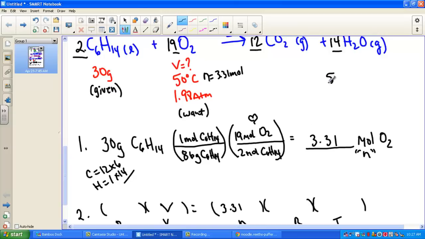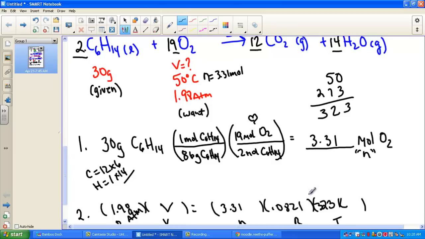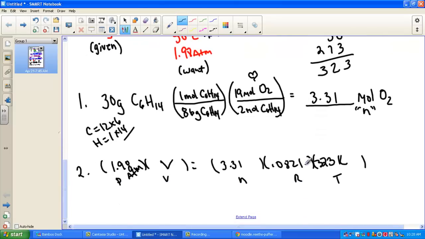Volume is target, 50 degrees Celsius, 323 Kelvin units, 323 Kelvin. Pressure, 1.98 atmospheres, so therefore I also know the R, 0.0821. August 21st is a date that I remember the R constant from, so that's my little trick to remember R, 0.0821, August 21st, the PV=nRT constant.